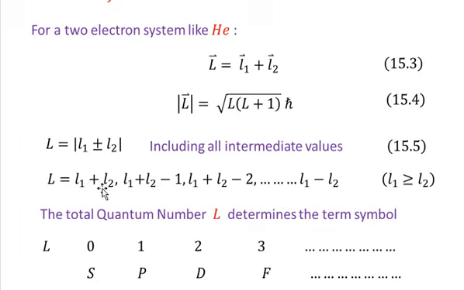That is, capital L is equal to L1 plus L2, comma, L1 plus L2 minus 1, comma, L1 plus L2 minus 2, and so on. And the last term will be L1 minus L2. Here I have assumed that L1 is greater than L2. The total quantum number L determines the term symbols.